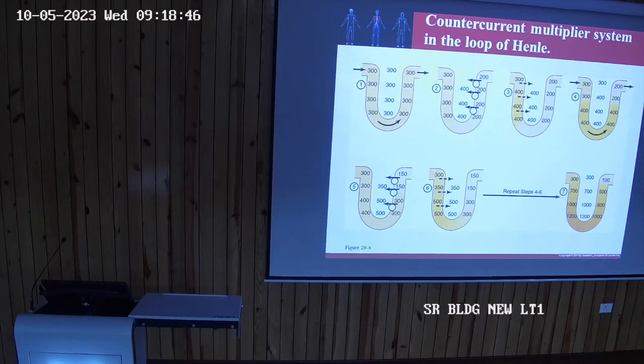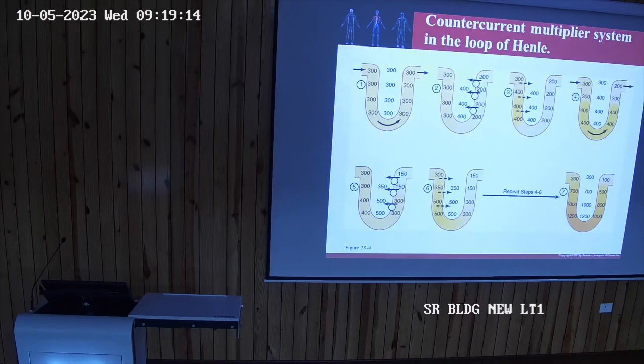What happens next is that when 300 milliosmoles is coming, and as we know the ascending segment is highly permeable for electrolytes, the different ions: sodium, potassium, chloride, calcium, magnesium. The thick segment is highly permeable for these. So when they move into the medullary interstitial spaces, they create a gradient of 200 milliosmoles.